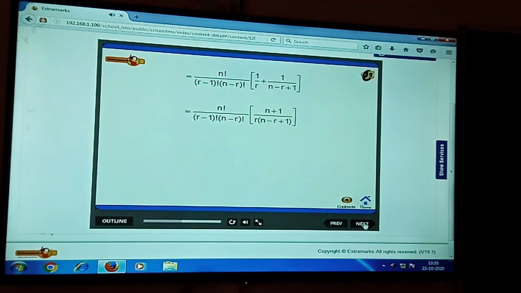On simplifying further, we get the result as (n plus 1)Cr, that is right hand side. Hence, the result is proved.